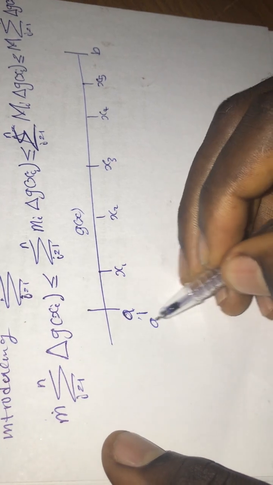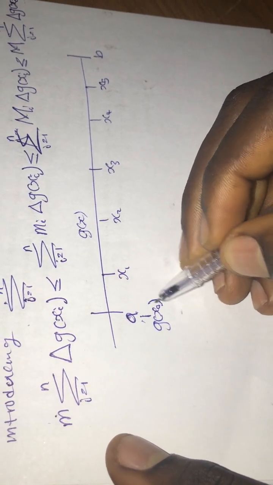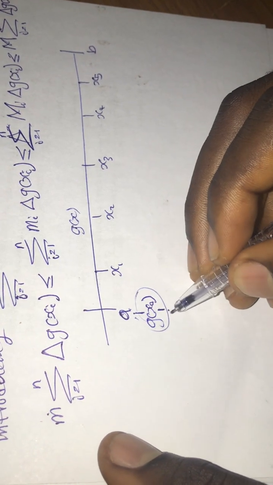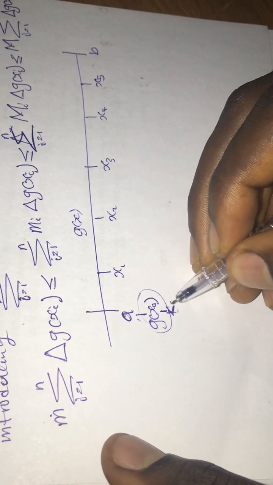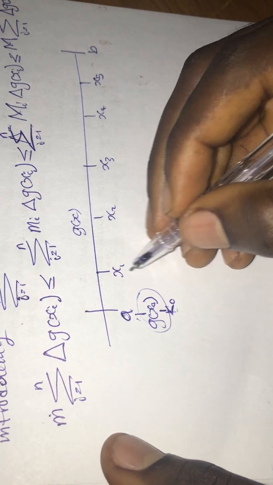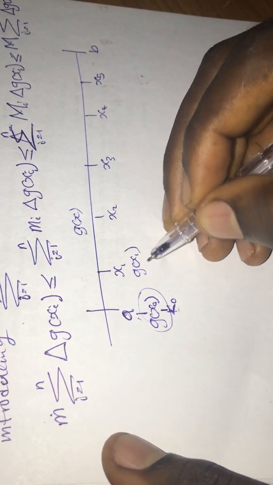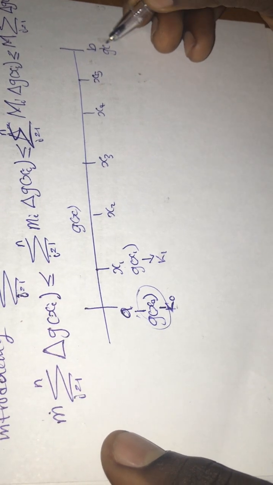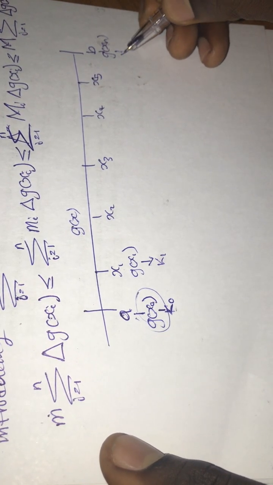We are going to have g of x naught, it's going to be a real number, so it will be in this boundary. Let's give that one k0. This one will be g of x1, which is k1, up to when we get to g of xn, which is equals to kn.